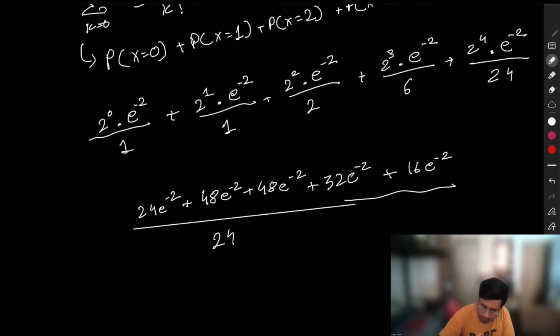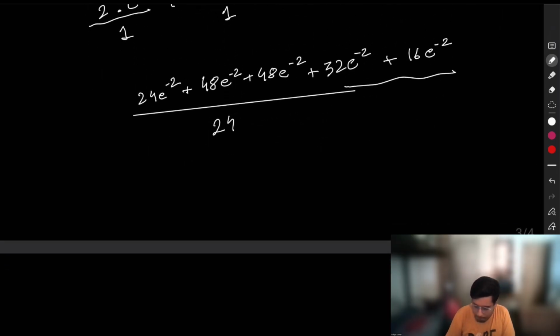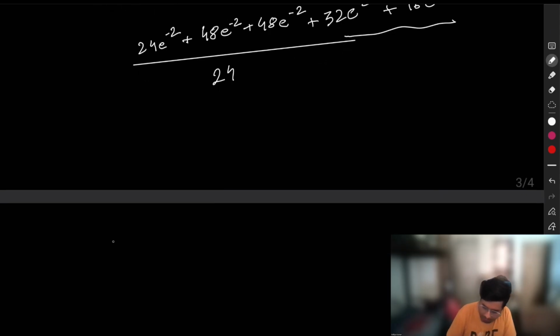If you perform the summation here, or sum all these values, 24 plus 48, yeah, so it will be 7 e raised to the power minus 2.